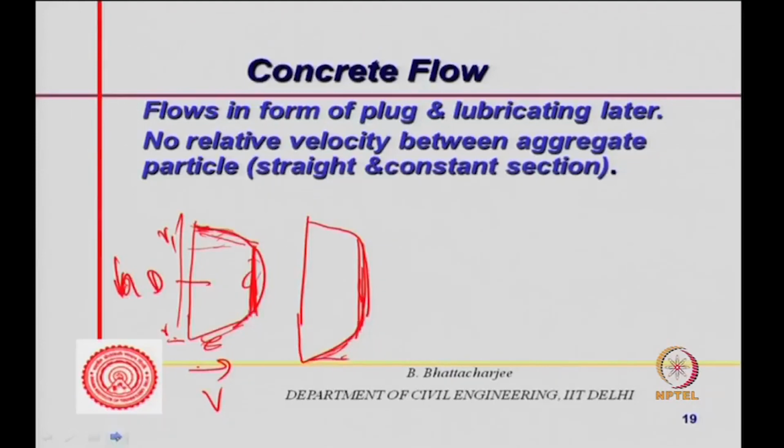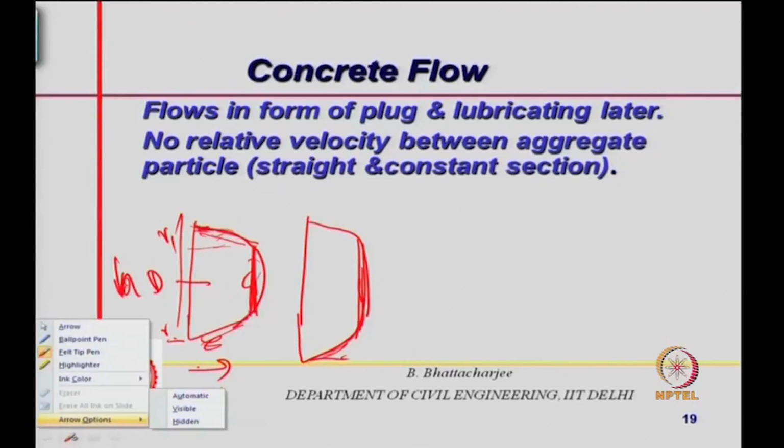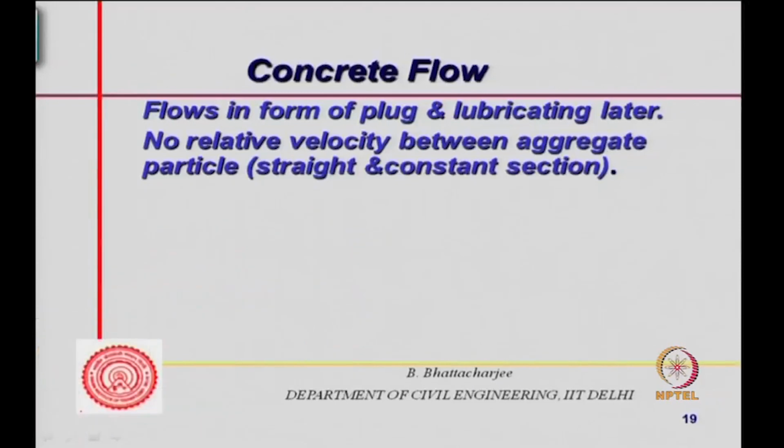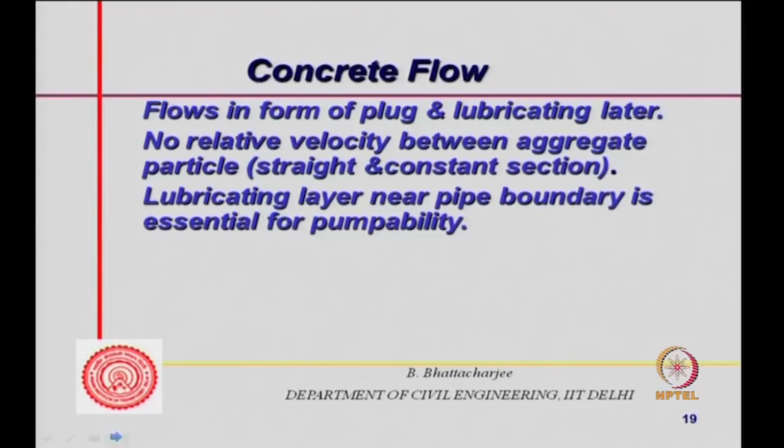We will have a look at that in a minute's time. Basically, you should have no velocity gradient in the plug, and the lubricating layer at the pipe boundary is essential for pumpability, and that is important.